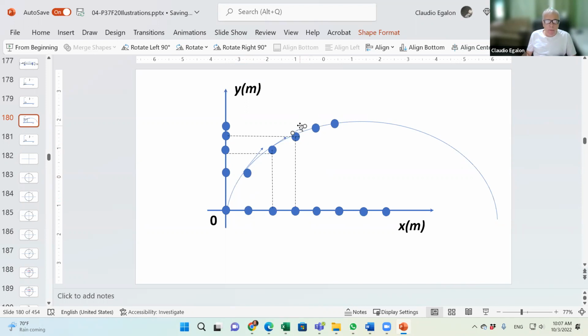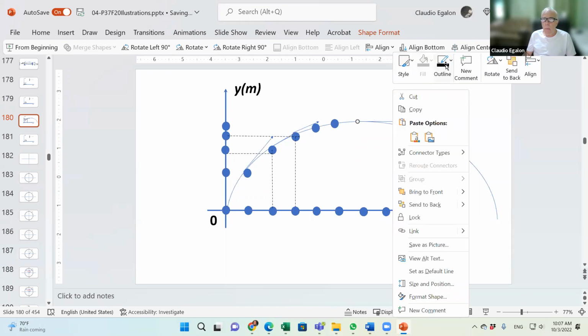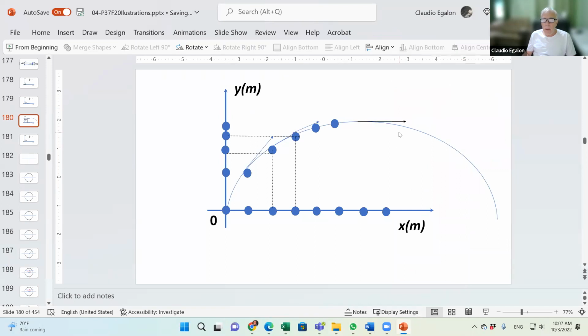So at the top of the trajectory, what's going to happen to the velocity? I'm exaggerating here, okay? Let me put a longer vector so you can see better, and I'm going to use a different color as well. At the top of the trajectory, the projectile is going to have only an x component of the velocity.